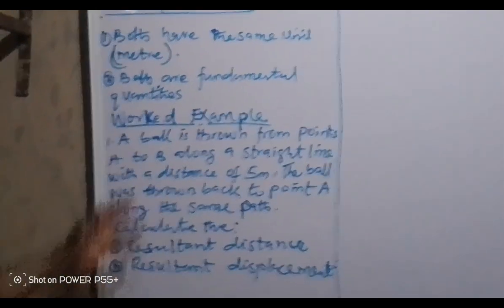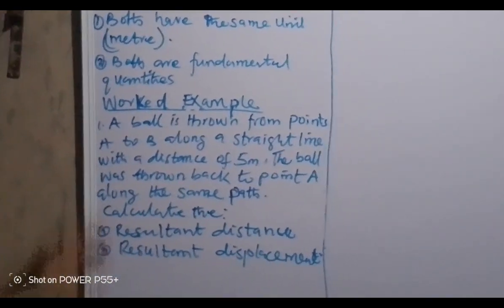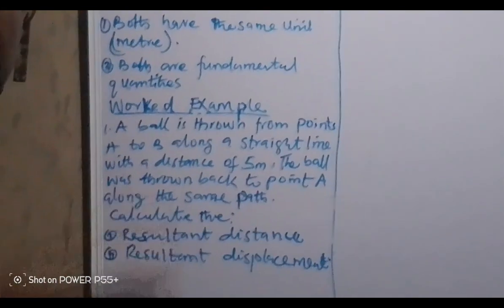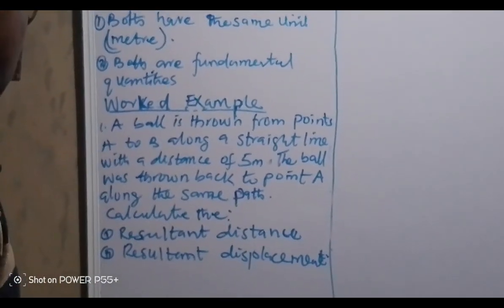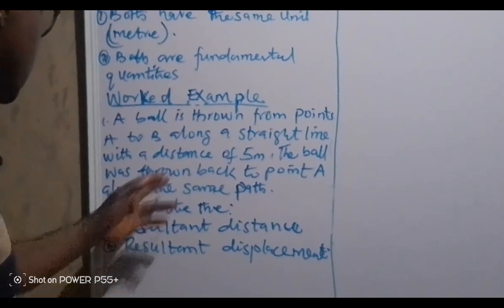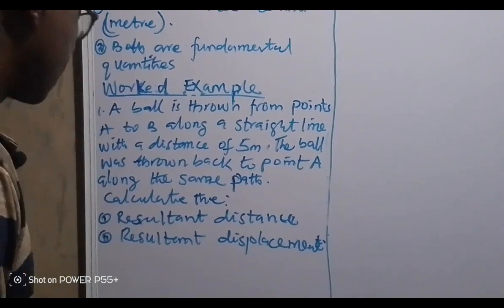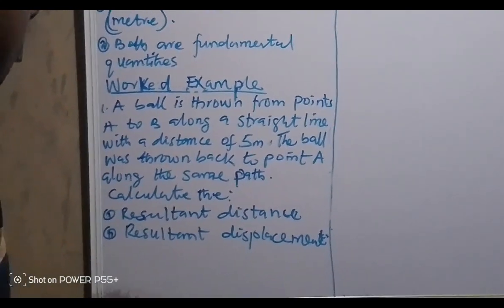Now, let's look at the sample under the distance and displacement. The first example, a ball is thrown from point A to B along a straight line with distance of 5 meters. The ball was thrown back to point A along the same path.